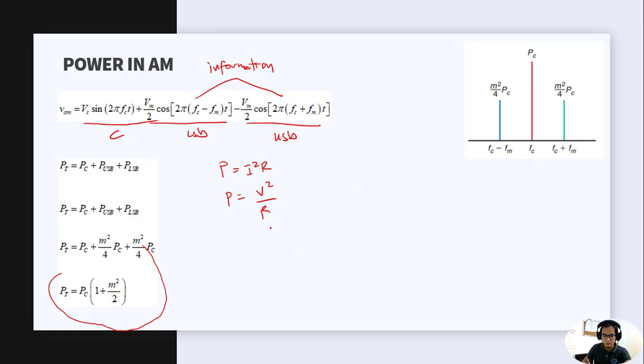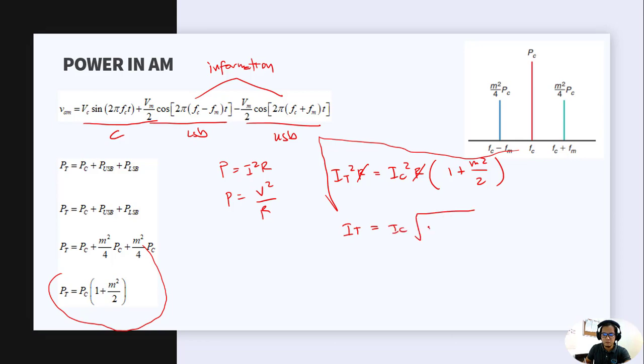So, for the current, that would be IT squared R is equal to IC squared R times 1 plus M squared over 2. So, makakancel lang yung R nyan. So, square root natin to. Nagahang lang yung pen tool ko. So, IT is IC times square root of 1 plus M squared over 2.